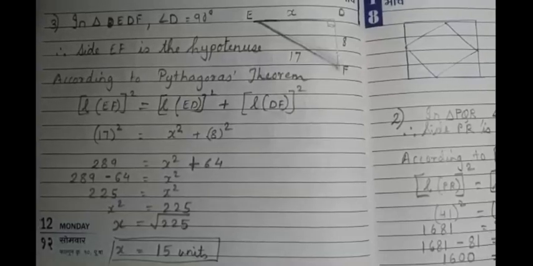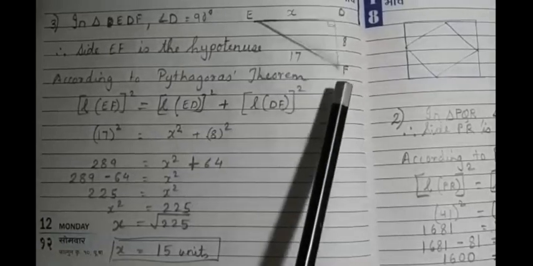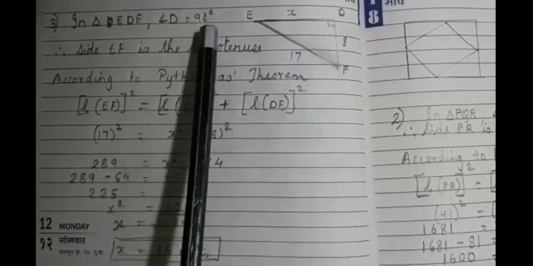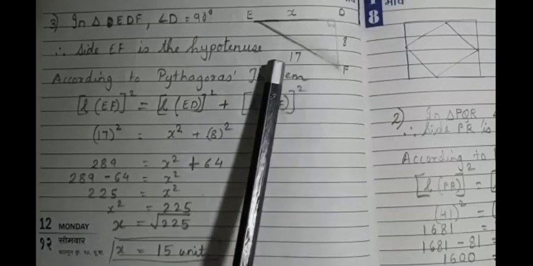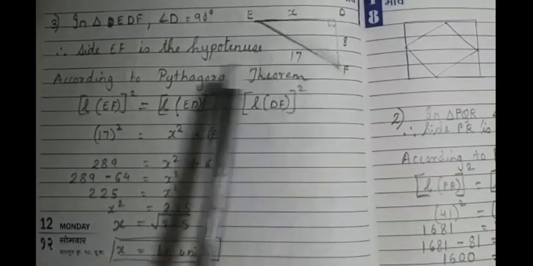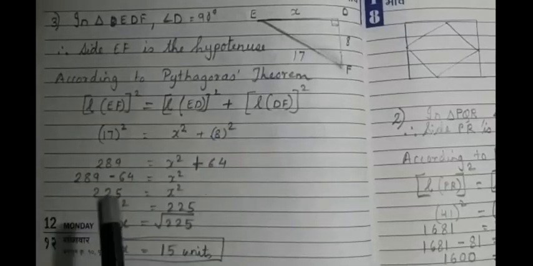Sum number 3. In triangle EDF, see, in EDF, angle D is equal to 90 degrees. Do we have angle D 90 degrees? The side opposite to it is EF. So, therefore, side EF is the hypotenuse. Okay.